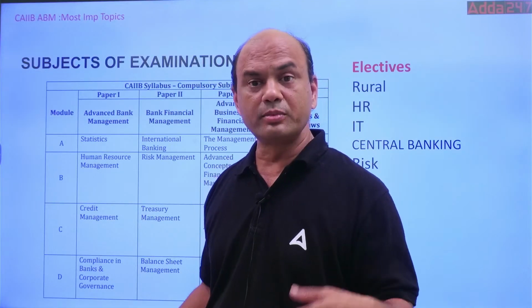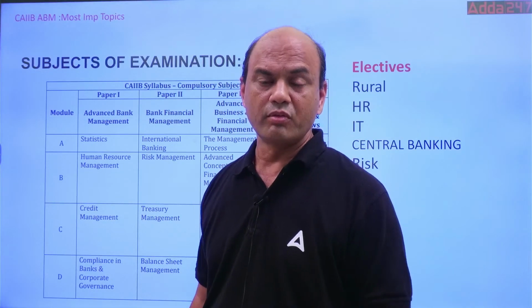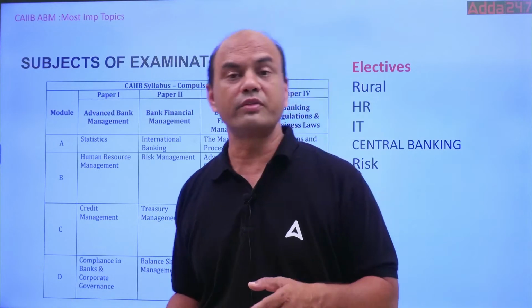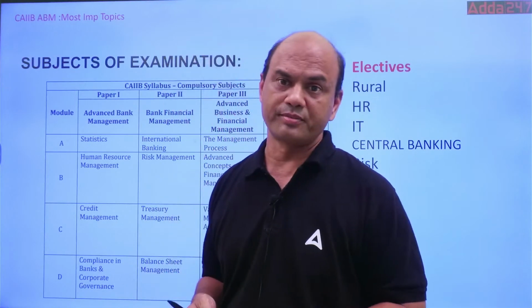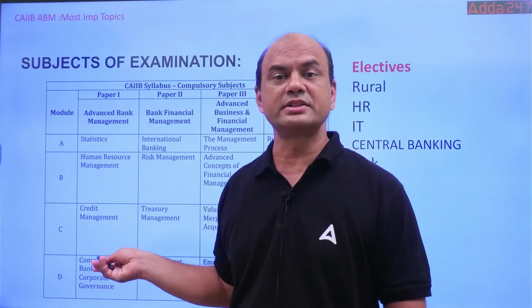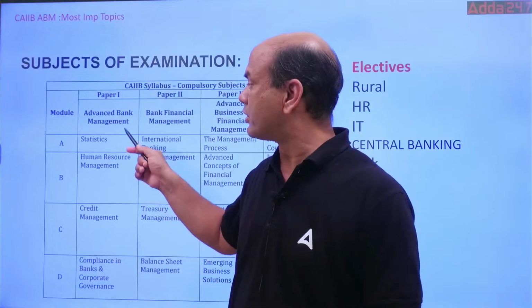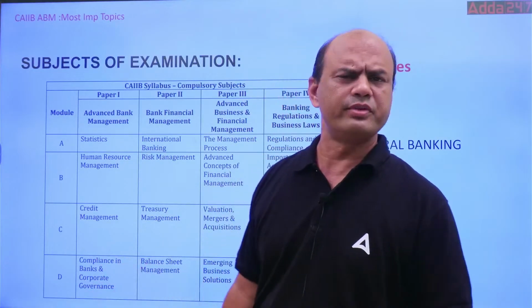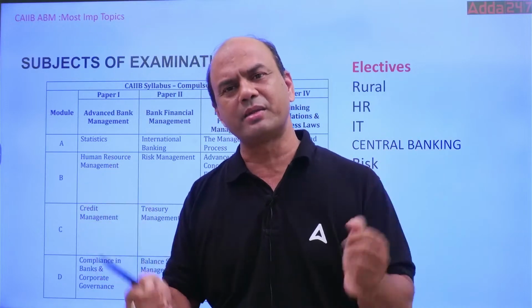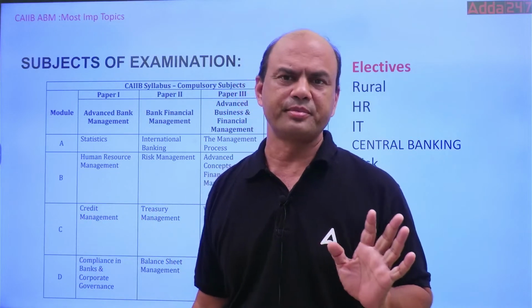What happens if the loan becomes NPA? How to recover that loan? What are the various methods of recovery? How to process the loan? This is all discussed in credit management. Module A is statistics, and complete statistics is packed and kept in this module.